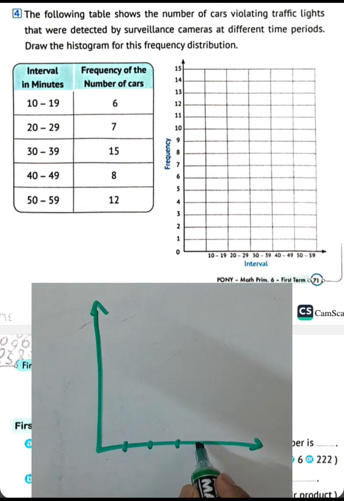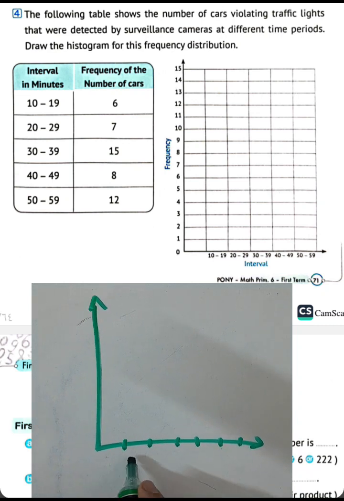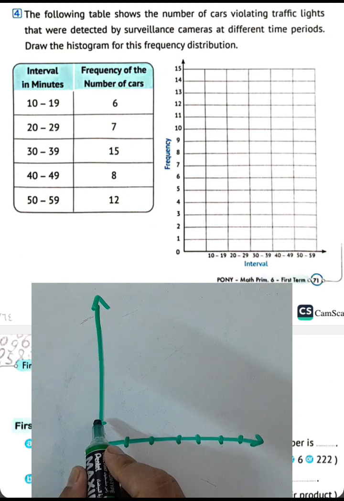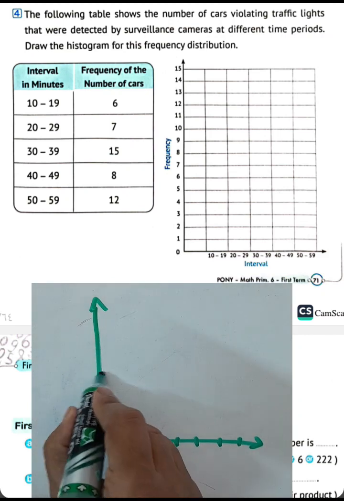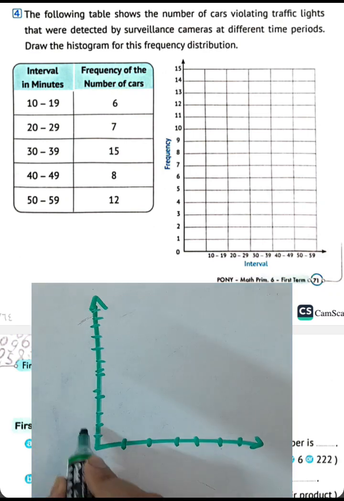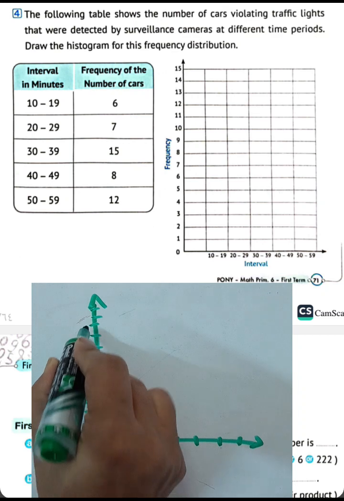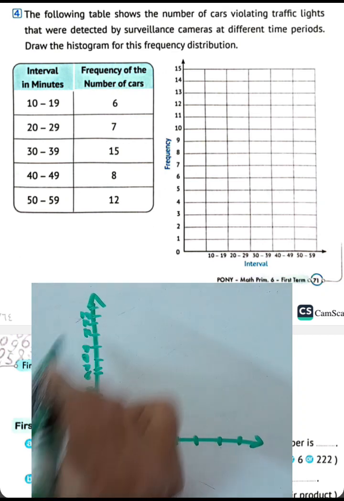First interval, second, third, fourth, the greatest number is 12. Right, 1, 2, 3, 4, 5, 6, 7, 8, 9, 10, 11, 12. It's easy for you to draw.